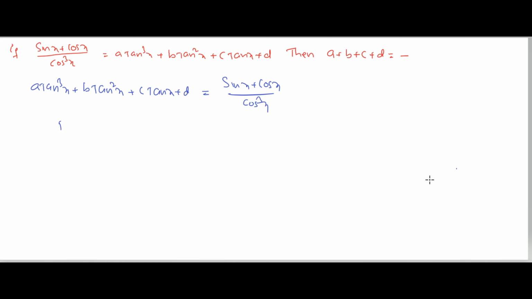So now to find the value of a plus b plus c plus d, put x is equal to 45 degrees in the given equation. A tan cube of 45 degrees plus b tan square of 45 degrees plus c tan of 45 degrees plus d is equal to (sin 45 degrees plus cos 45 degrees) by cos cube of 45 degrees.